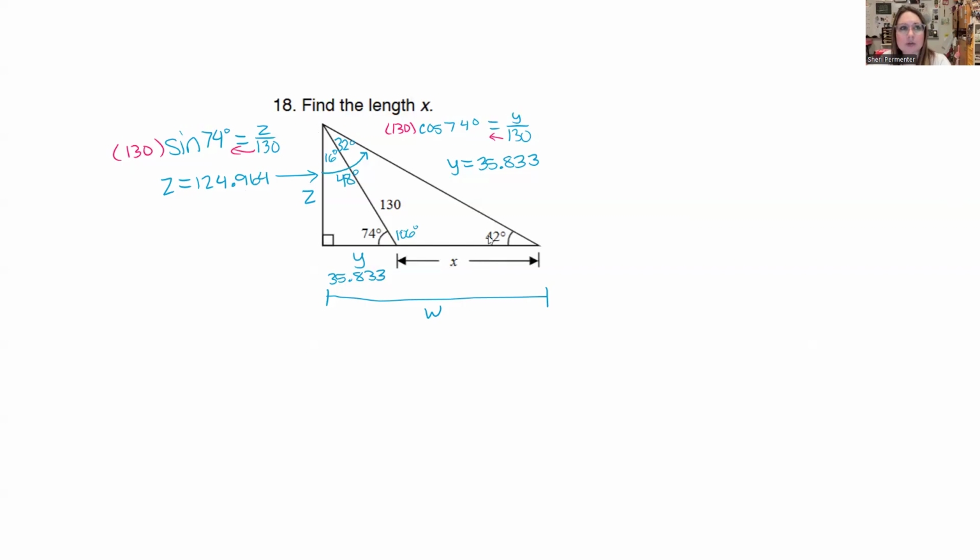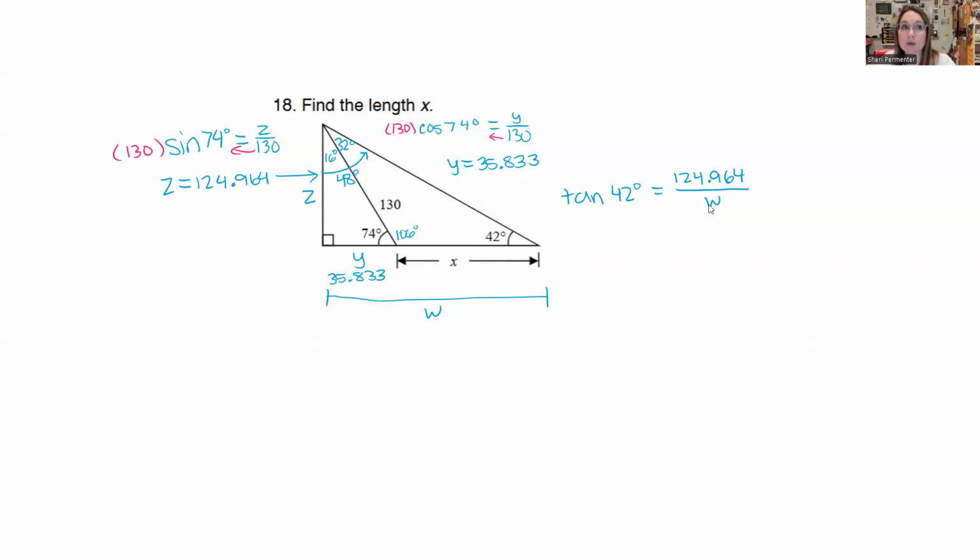So what trig ratio uses opposite and adjacent? Tangent. So I'm going to have the tangent of 42 equals opposite, which is 124.964 over the adjacent, which is w. I want to solve for w.